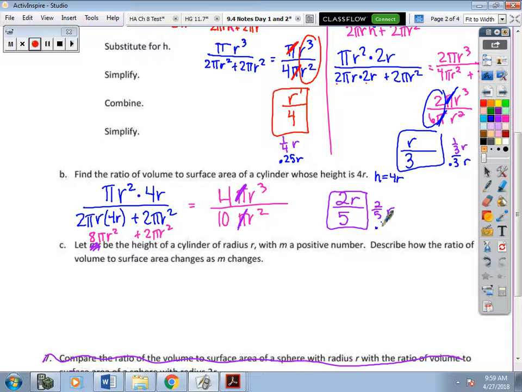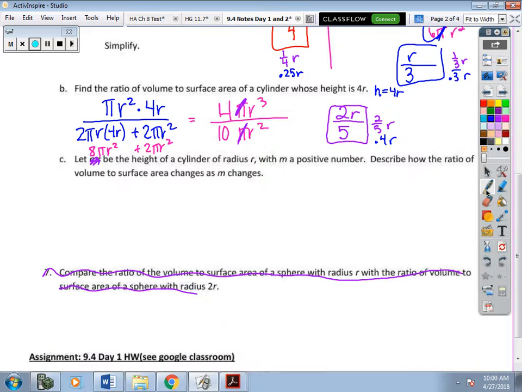And this would be 0.4 r. So you'll notice that as m gets larger, the ratio itself is also getting larger, because 0.3 is bigger than 0.25 and 0.4 is bigger than 0.3. So we will say as m gets larger, the ratio also gets larger.